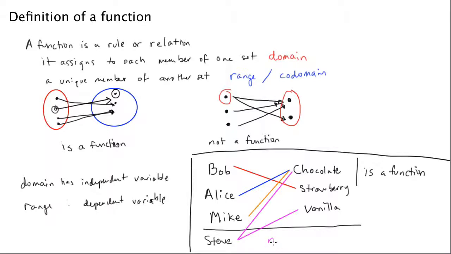Okay, so that would make this not a function, because one person in the domain, one element of my domain, has been assigned to two different elements of the range. That makes it not a function. So if the domain and the range are just the stuff up here, so Bob, Alice, Mike, and then the three flavors of ice cream, that is a function. But the second that we introduce Steve in here, who likes both chocolate and vanilla, now it's no longer a function.